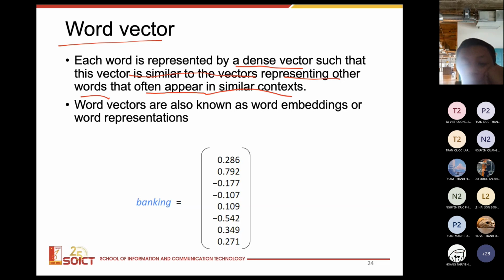For example, for the word banking, maybe we can have the vector for the word debt, then the banking and the debt vectors may be similar, right? The word vector has other names. We can call it word embedding or word representation, right? And nowadays, most people prefer to call the word vector a word embedding, right?